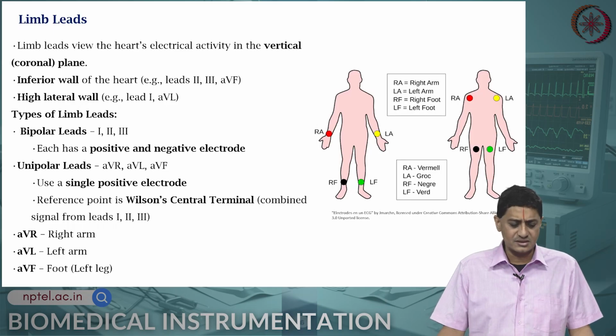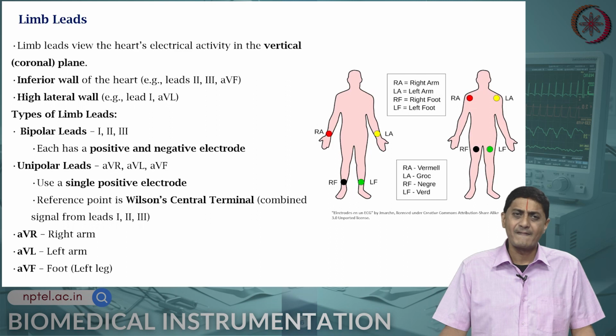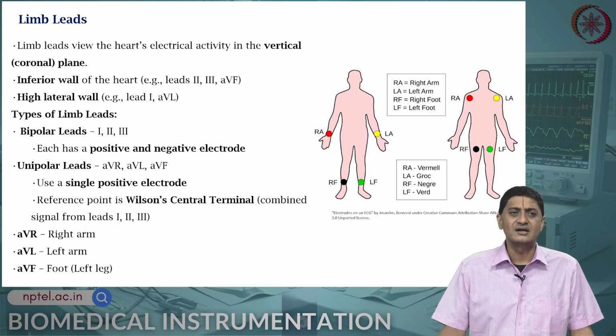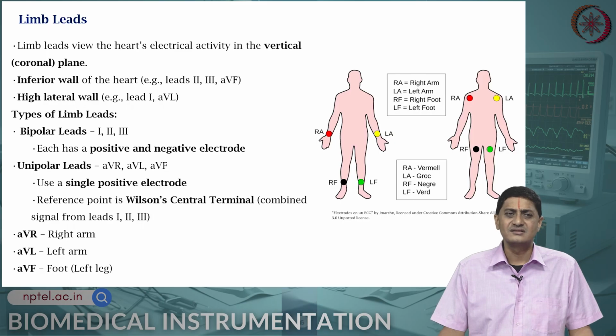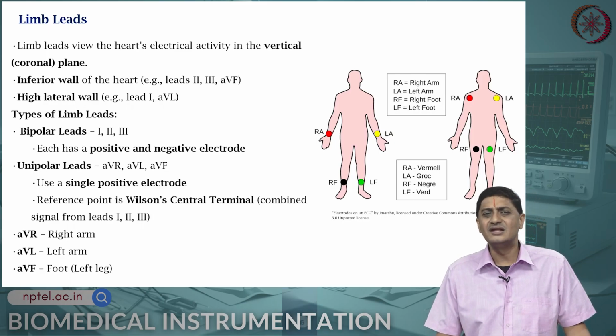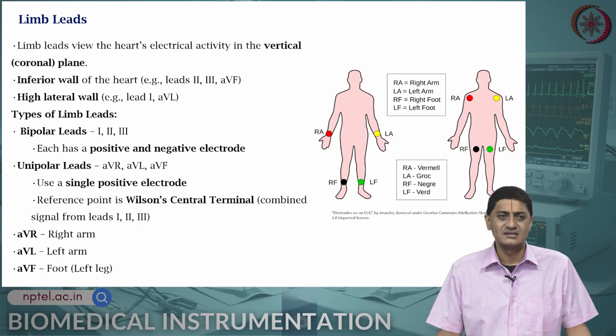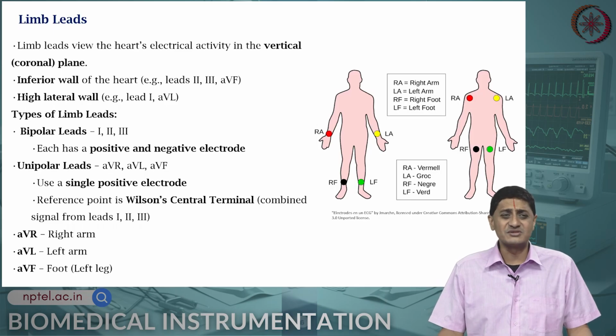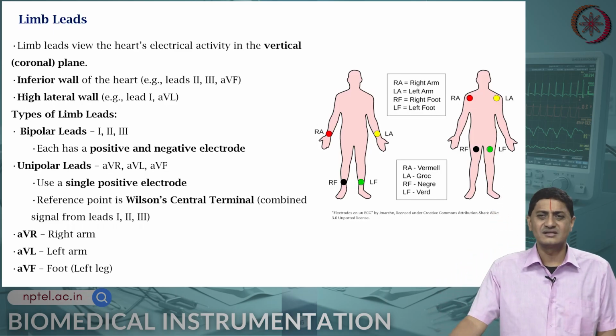The inferior wall of the heart is viewed in lead 2, lead 3 and AVF, and the high lateral wall is viewed in lead 1 and AVL. There are 2 types of leads among the limb leads.